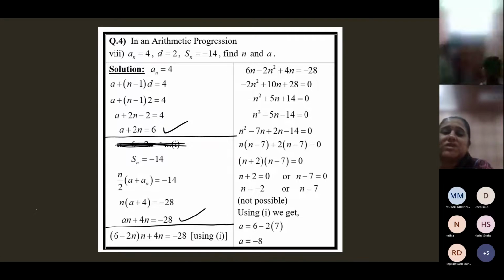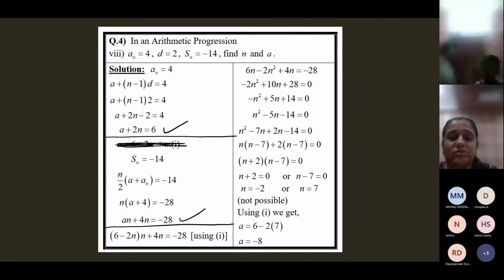Any two equations having two unknowns, like here a and n, can be solved by the substitution method. Remember that. If the two equations cannot be solved using the elimination method, you can always use the substitution method.